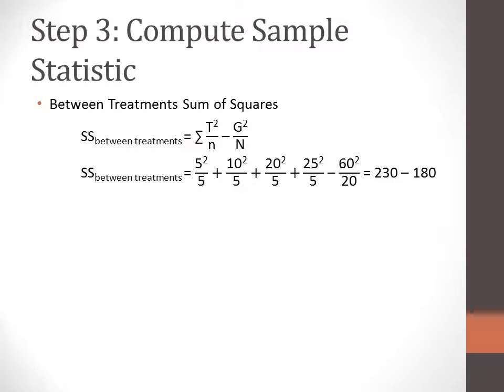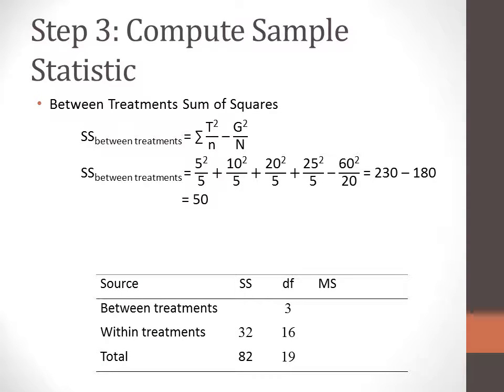Okay, and so if we take the total of each group squared divided by n and add all those values together, we get 230, and then we subtract 180 from that, and we get a value for the sums of squares between treatments of 50, which is what we expect.